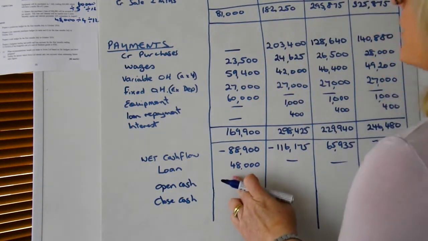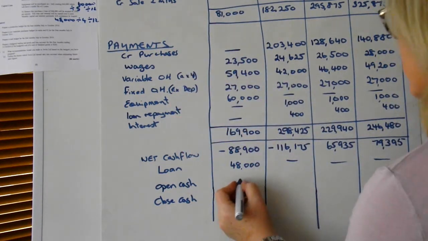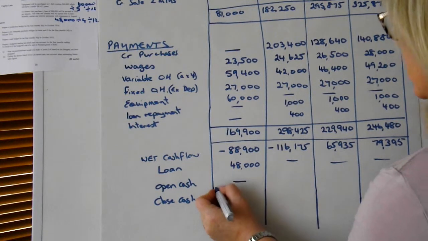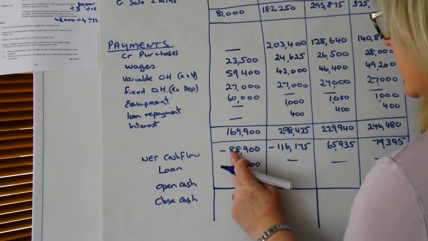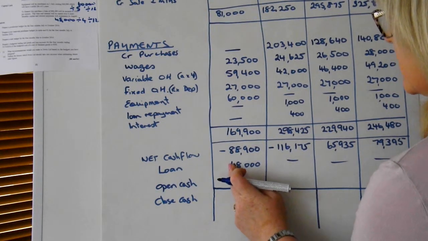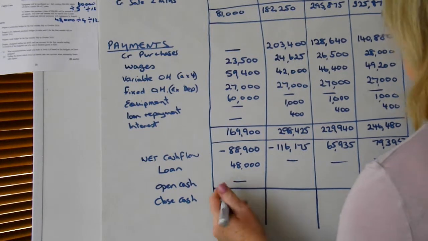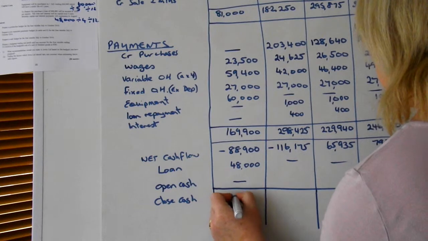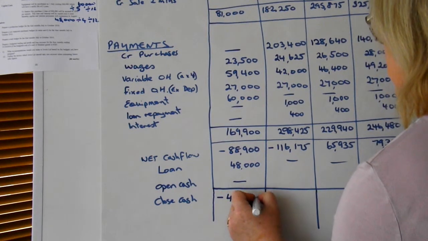So in this question there was no actual opening cash, so I have 0 there, and then I can get my closing cash flow by simply taking the net, adding in the loan, and the opening. So when I put those together, then I still have a minus figure in July of 40,900.